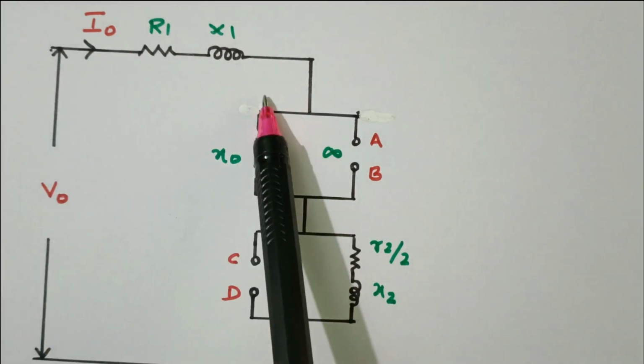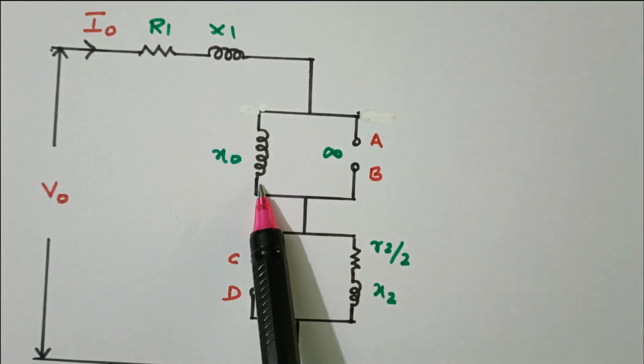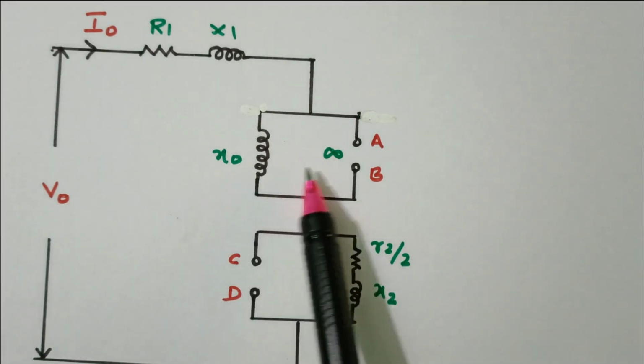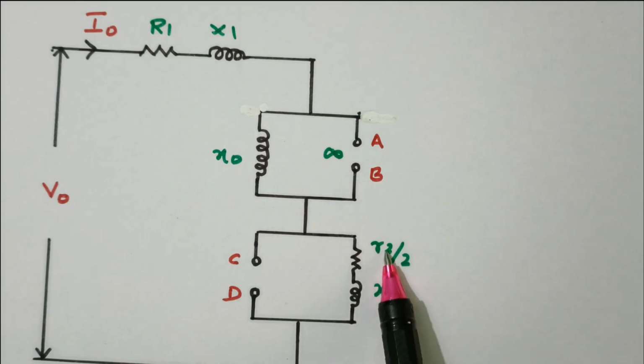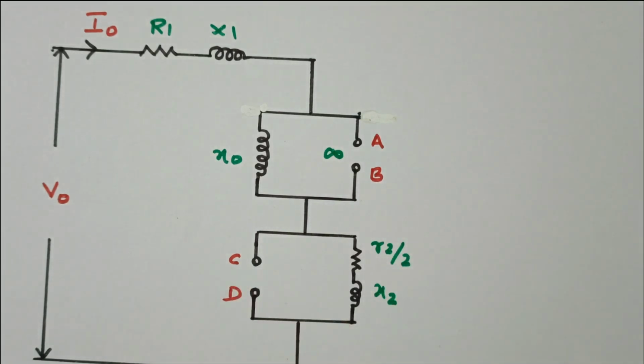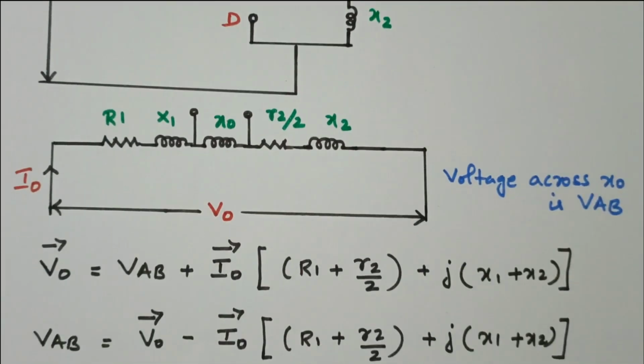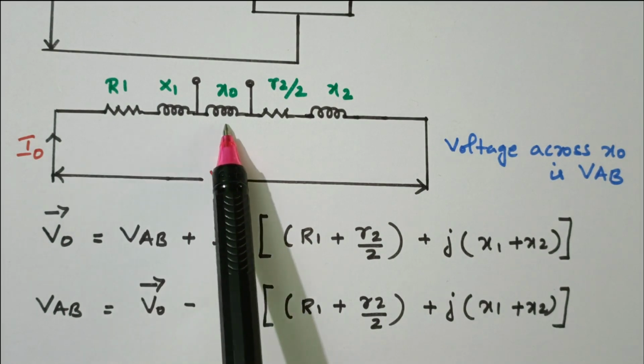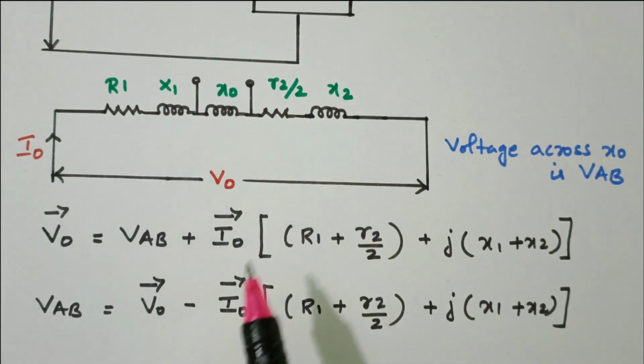All are connected in series: R1, X1, X0, R2 by 2, X2. X0 is connected across AB, and this network is connected across CD. So that is given: stator, forward rotor circuit, backward rotor circuit.